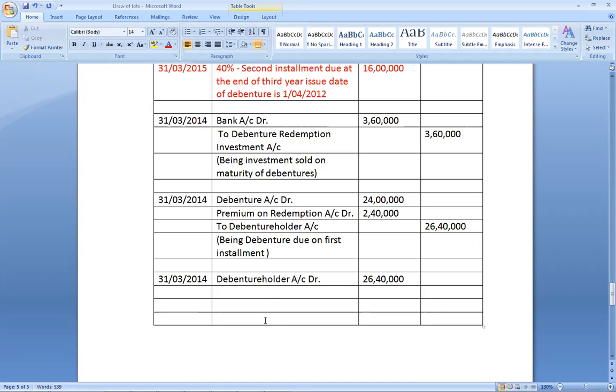And money is going out from the company, from the bank account. 26,40,000 along with premium we have paid. So narration: being debenture holders received money due.